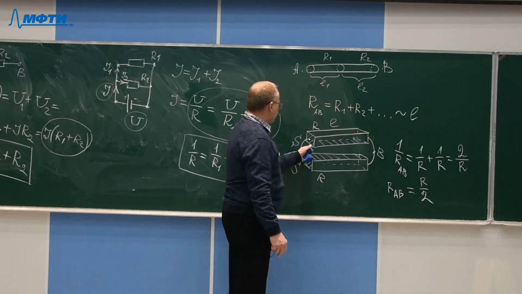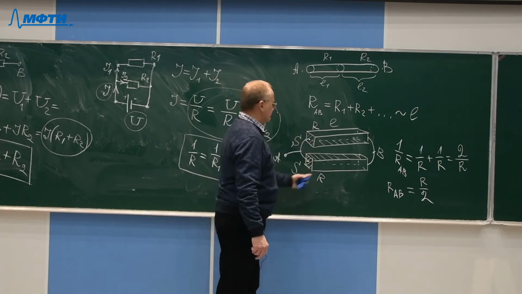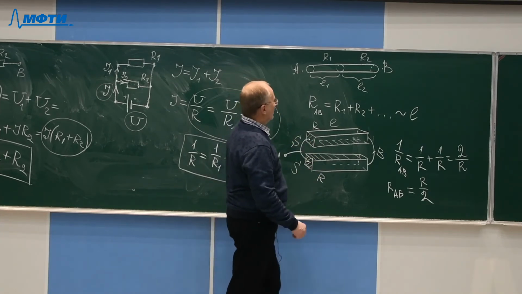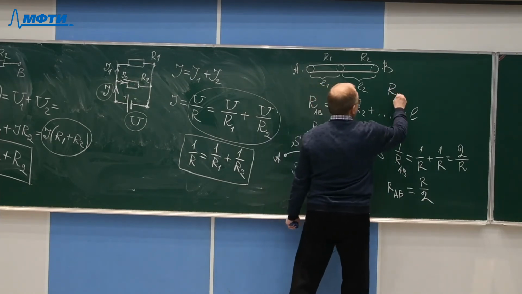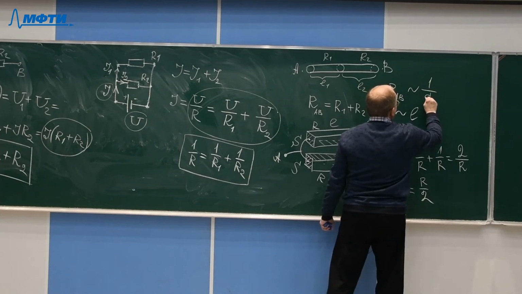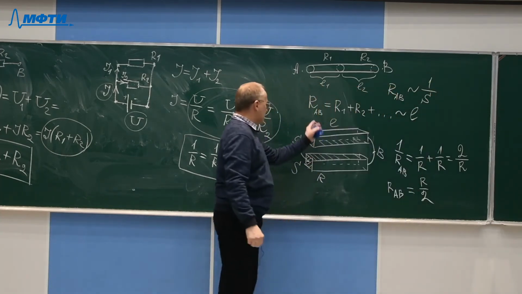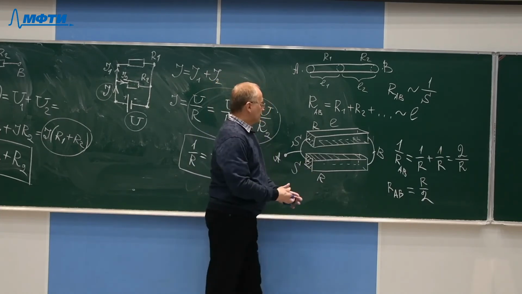And the cross-section will be larger by a factor of 2. It means that the resistance between points A and B of any such material must be inversely proportional to the area of the cross-section of this conducting wire.